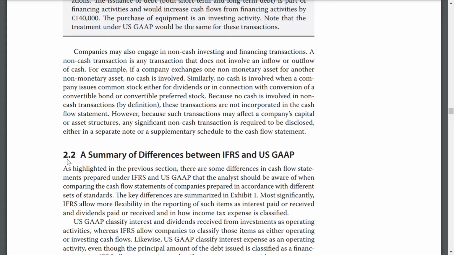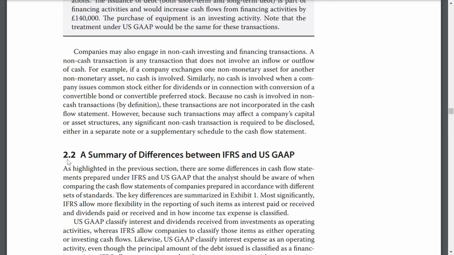Companies may also engage in non-cash investing and financing transactions. A non-cash transaction is any transaction that does not involve an inflow or outflow of cash. For example, if a company exchanges one non-monetary asset for another non-monetary asset, no cash is involved. Similarly, no cash is involved when a company issues common stock either for dividends or in connection with a conversion.